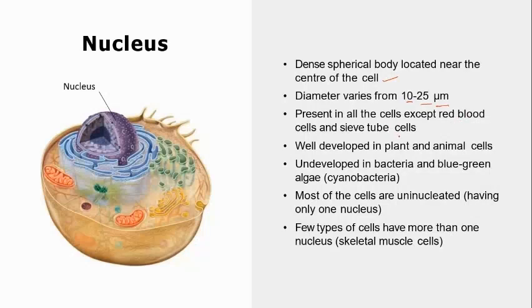The red blood cells or RBC lack a nucleus. It is well developed in plant and animal cells, underdeveloped in bacteria and blue-green algae, and most of the cells are uninucleated, meaning having only one nucleus. Few types of cells have more than one nucleus. The best example is the skeletal muscle cells.